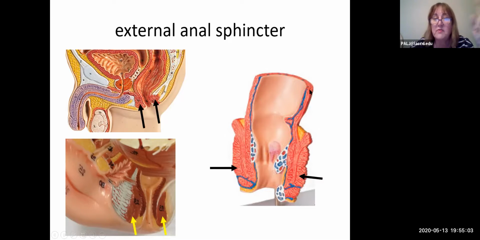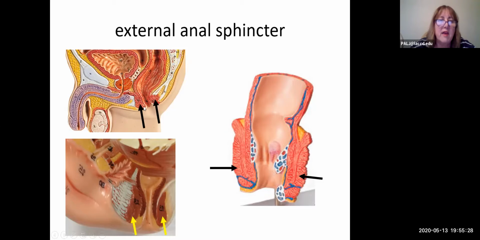But the internal one is the internal one. There's no question about that one, because you can see it coming down from the rectum into the anal area. This second layer, do you see how it's going up and going out at an angle? Did I say anything about this thing going up and out at an angle? No, so it can't be the external anal sphincter, which means that the one that the arrows are pointing to, that's the external anal sphincter.